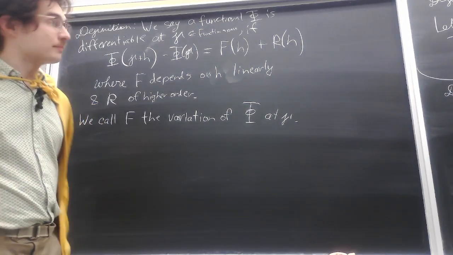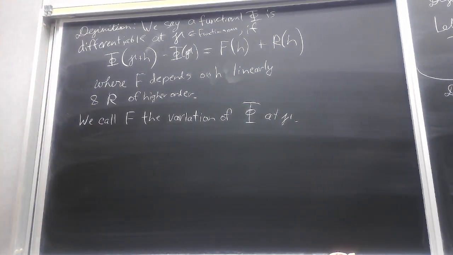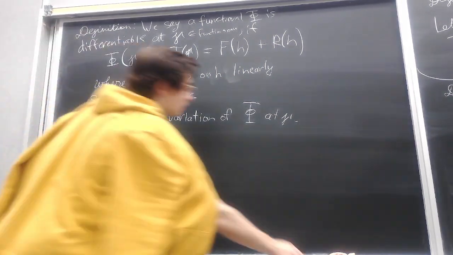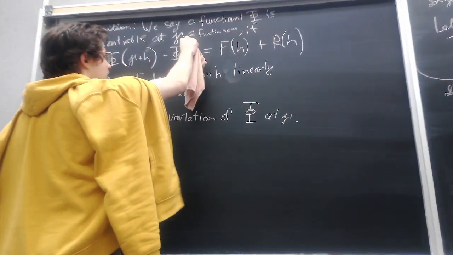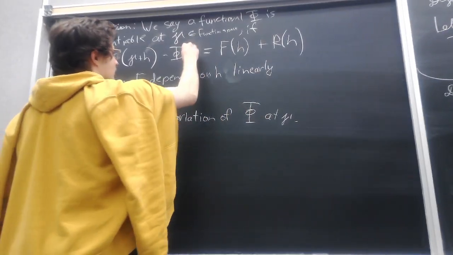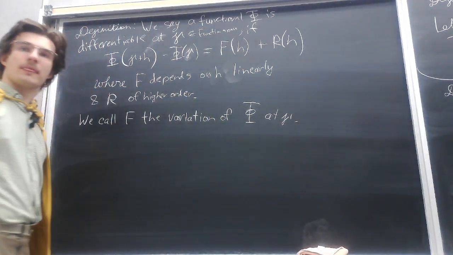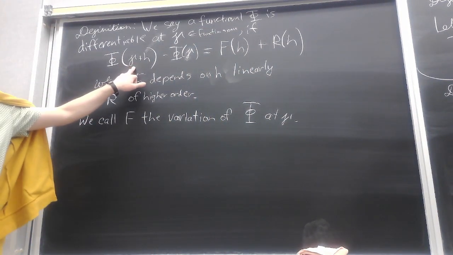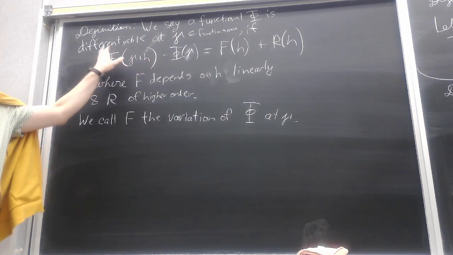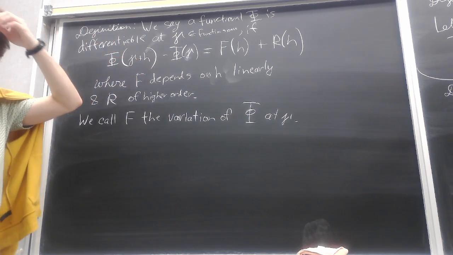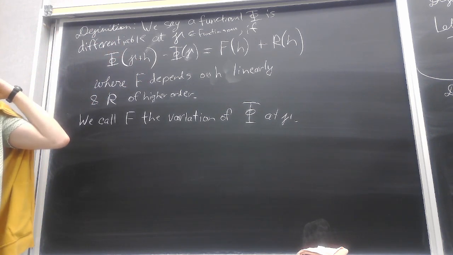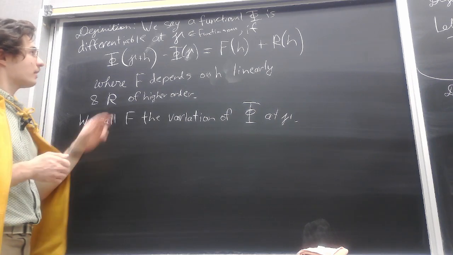Okay. So why does this make complete sense? Let me rewrite this. f and r are functions themselves, right? Yes. Gamma is some function, h is some function, and I can plug them into my functional. So I'm saying let's fix gamma.